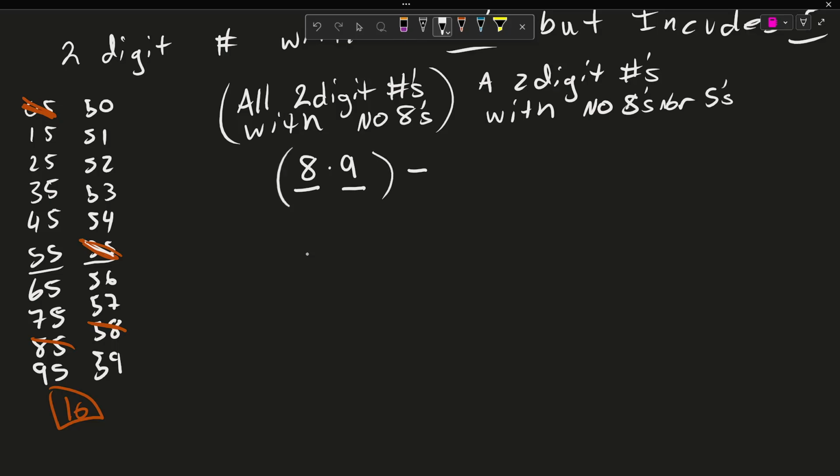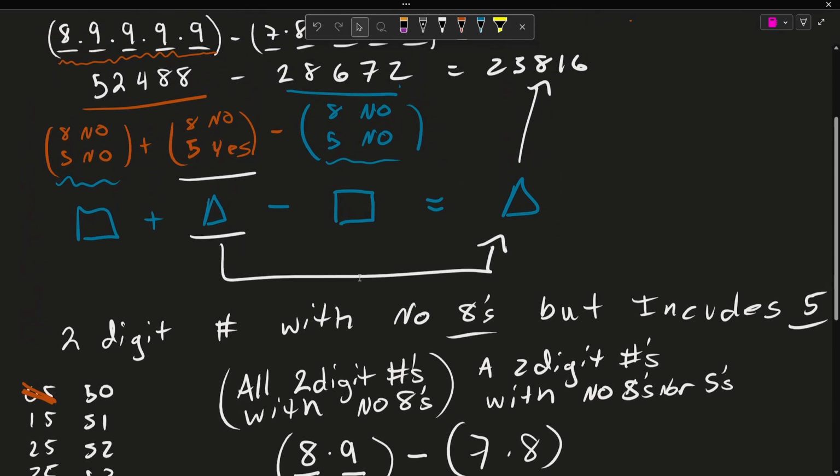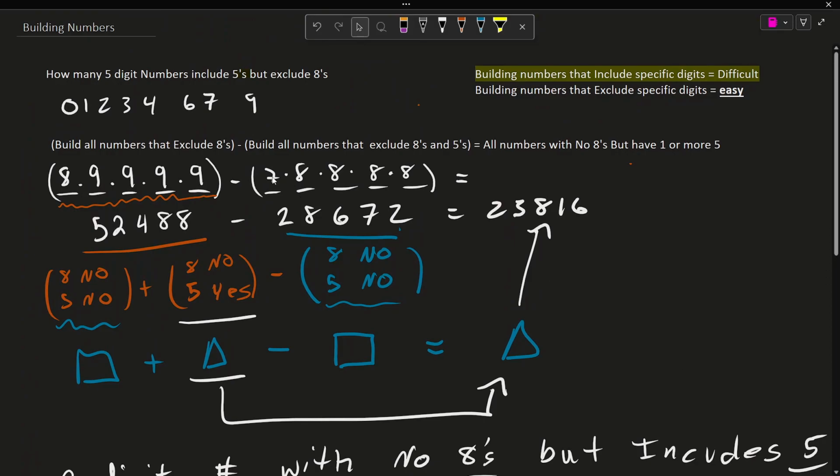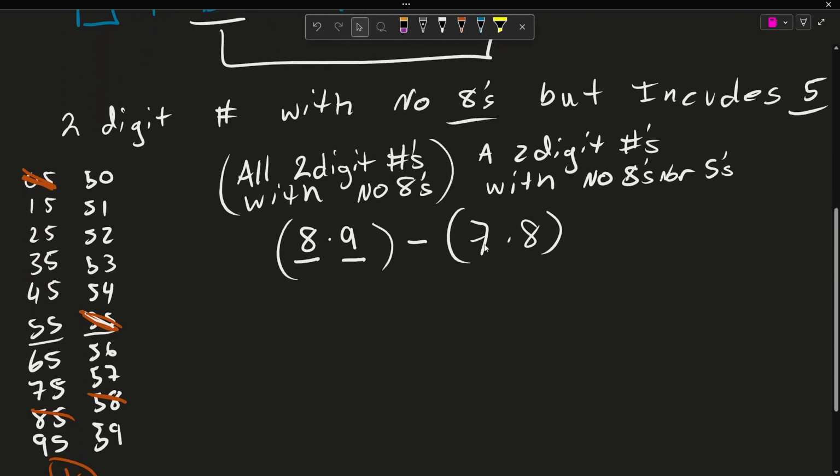So that's going to be a 7 times an 8. Why is it a 7 times an 8? Well, the same as above, because if I don't want a 5 or an 8, well, in the first position, I can't have a 5, an 8, or a 0, meaning there's only 7 possibilities. And in the second position, I can't have a 5 or an 8, meaning there's only 8 possibilities.